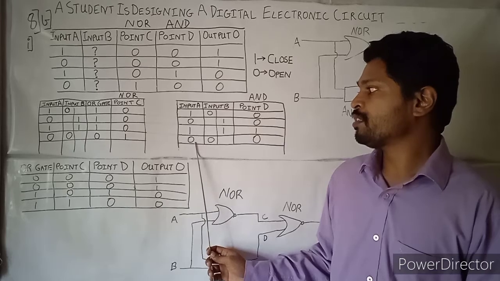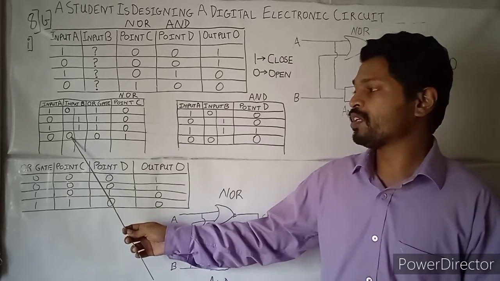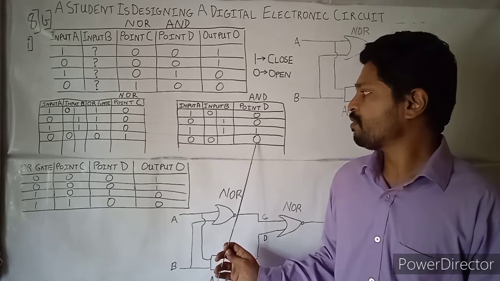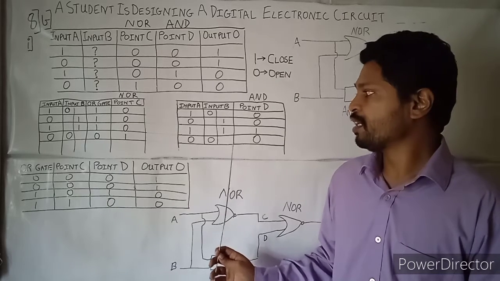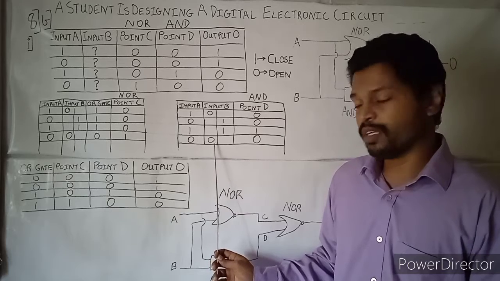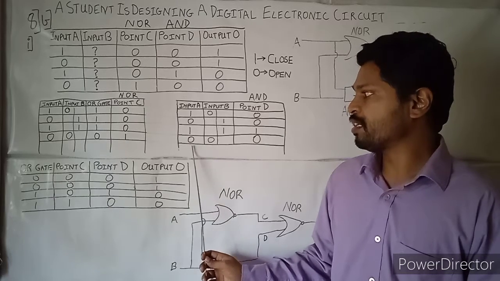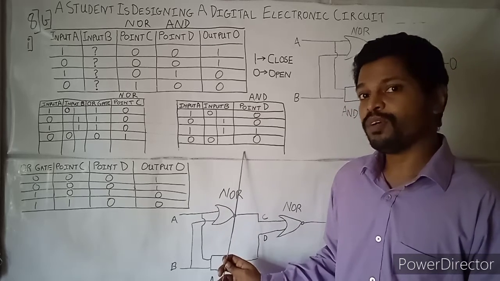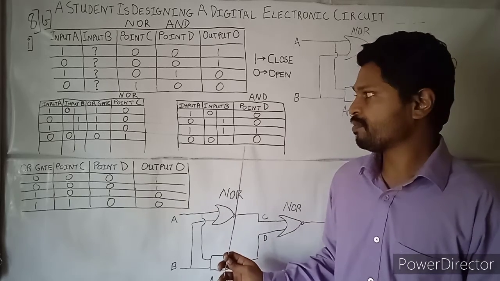Now here it is 0, here also it is 0. If we put 1 over here, the answer will be something else. So we have to put 0 here itself. So 0 and 0, these both inputs will give you the AND gate output as 0 itself.